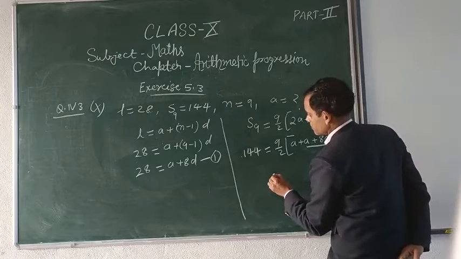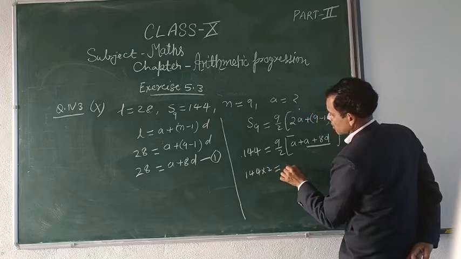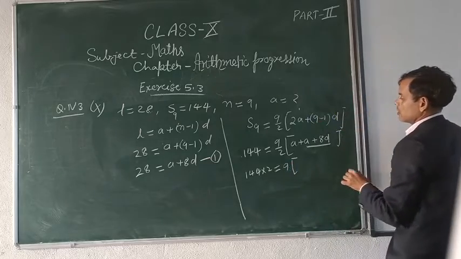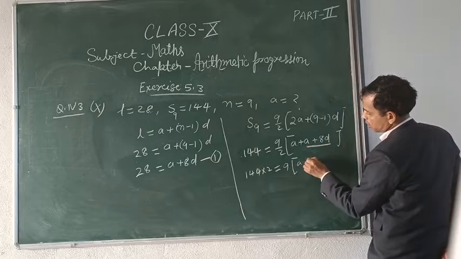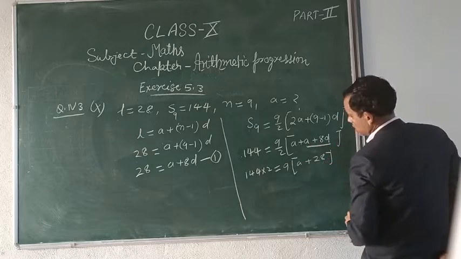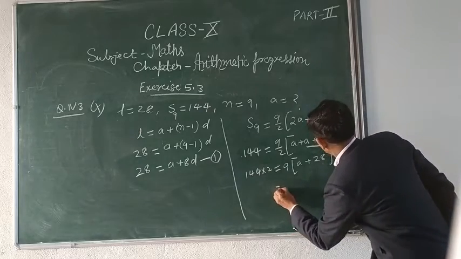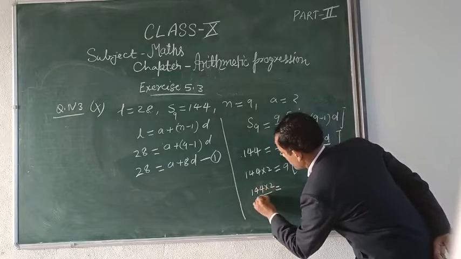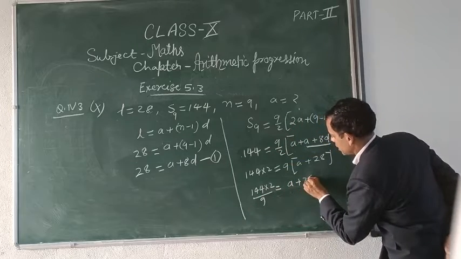So 144 into 2 equal to 9, in place of a plus 8d we can write 28. Then it will be 144 into 2 upon 9 equal to a plus 28.